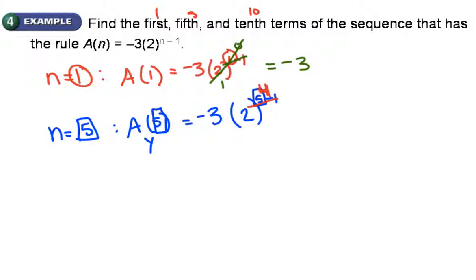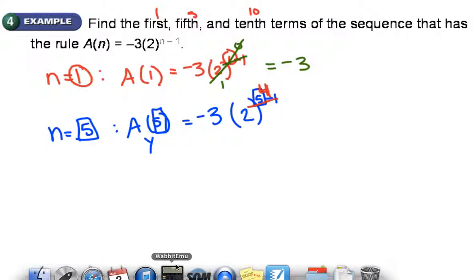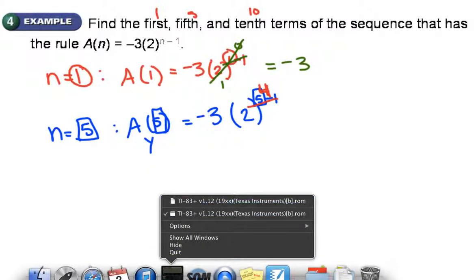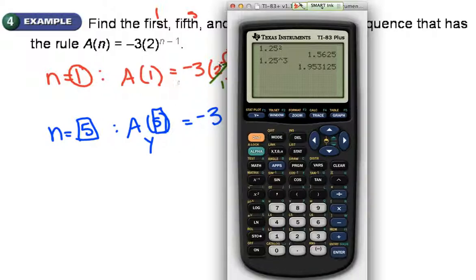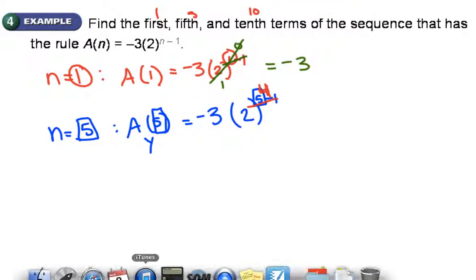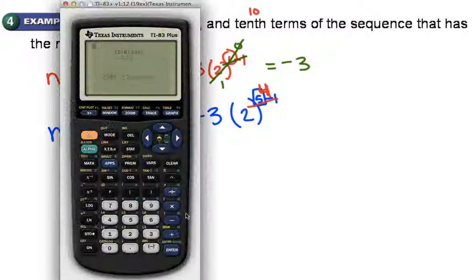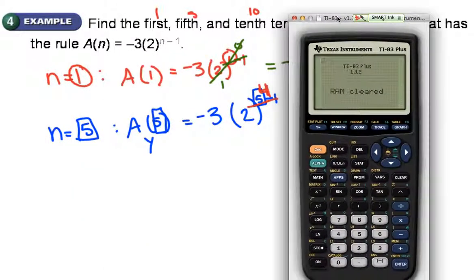So now we have to use the calculator. I guess we don't have to, but it definitely makes life easier on all of us. Sorry about that. It wasn't working. It freezes up on me after a while. All right, we have negative. You want to use this negative.